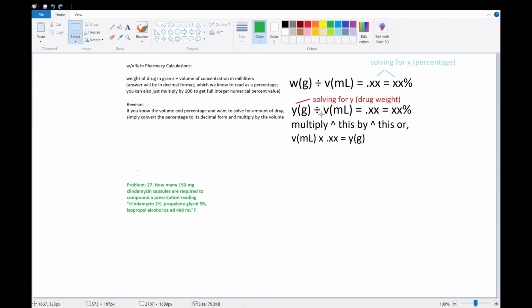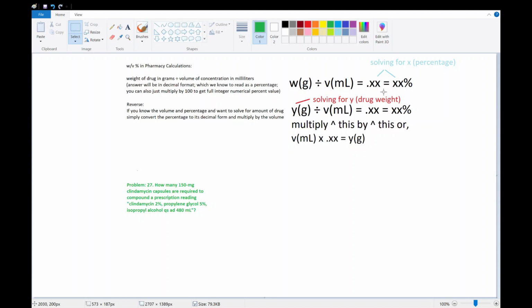You just want to be careful. Make sure that you're multiplying by the percentage expressed as a decimal, not by the raw integer value of the percentage. Because when we do the problem the original way, it's weight divided by volume equals percent expressed as a decimal.